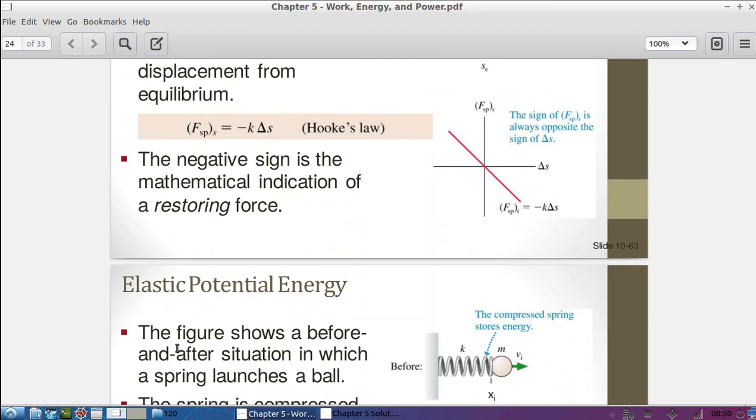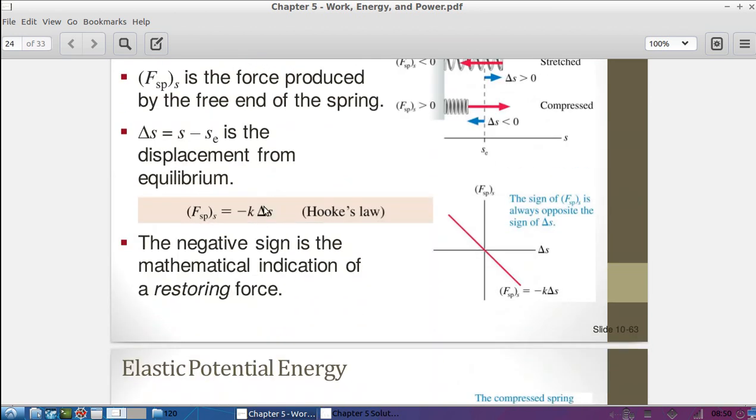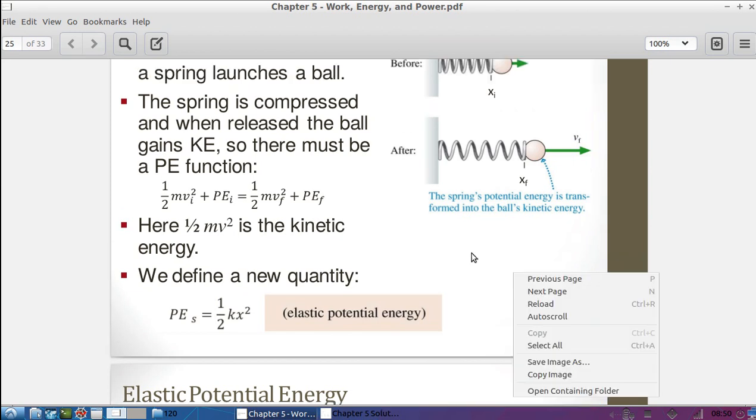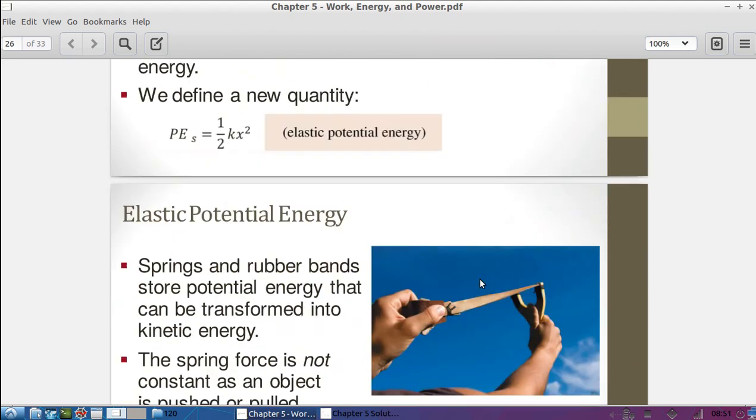Now the difference here is, for Hooke's law, this could be positive or negative. You could stretch a spring, you could compress a spring. But here, it's a scalar. It's a displacement squared. So spring potential energy is also a scalar. So basically this is just a new potential energy term we have to account for if a spring is in our system.